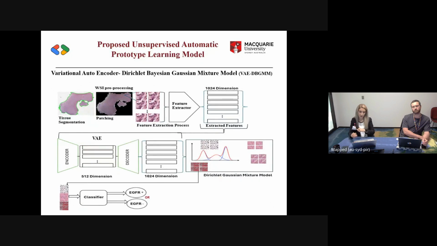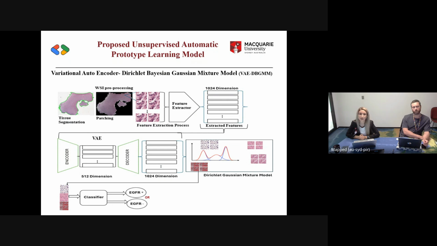So our proposed model is a variational autoencoder, Dirichlet Bayesian Gaussian mixture model. Before talking about the main part of the framework, the first part, as always in data science and image processing methods, we have to do some pre-processing on our data.